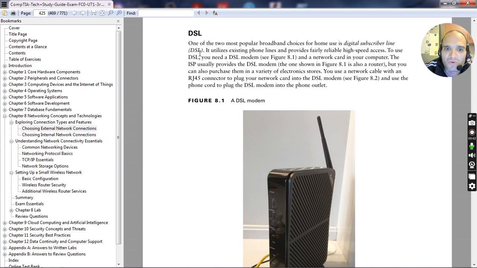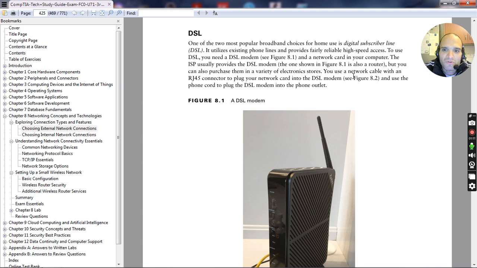To use DSL, you need a DSL modem, see figure 8.1, and a network card in your computer. The ISP, or the Internet Service Provider, usually provides the DSL modem. The one shown in figure 8.1 is also a router, but you can also purchase them in a variety of electronics stores.